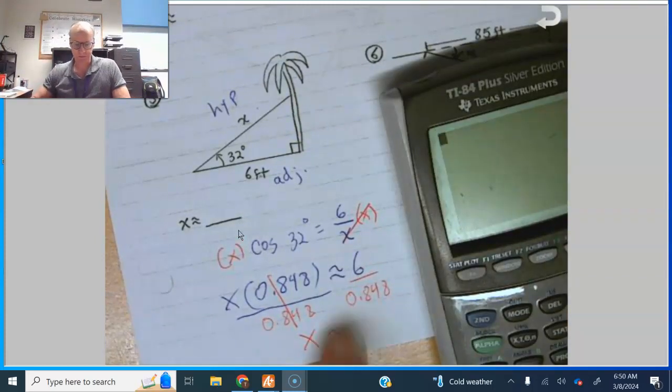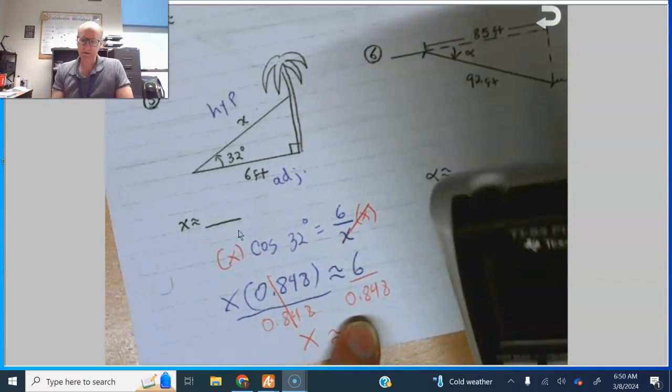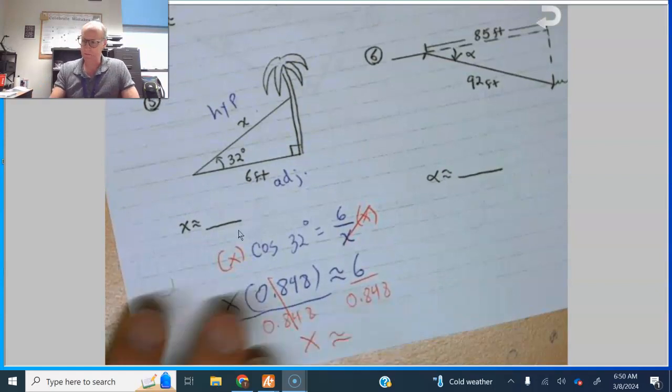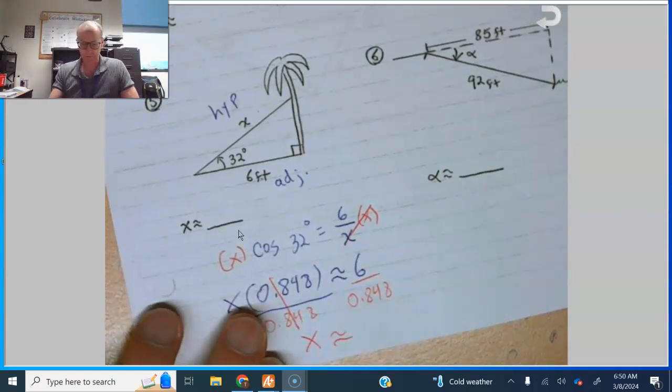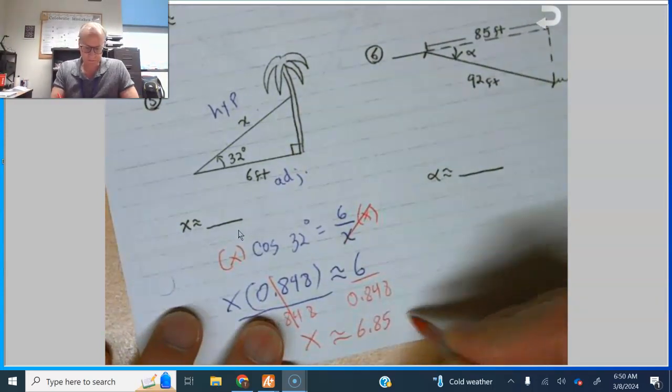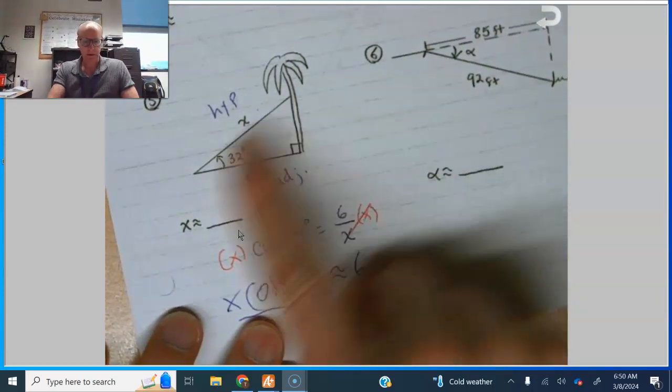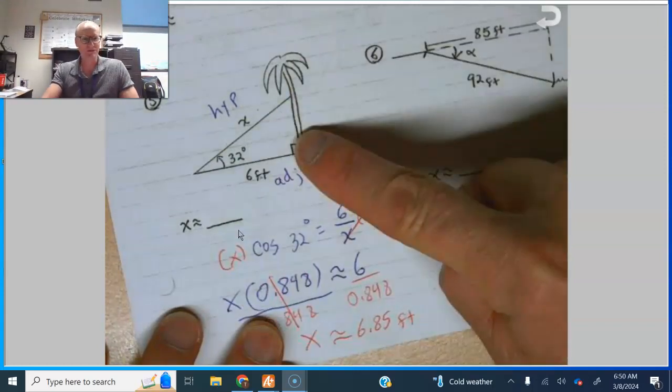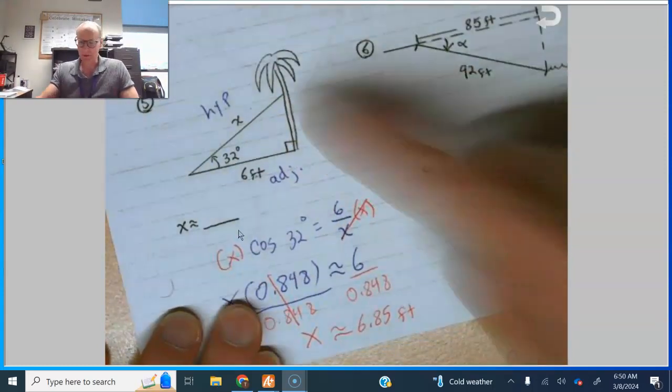And I'll actually do it with the cosine of 32 as well. 0.848. And I'm getting 6.85 feet. That seems reasonable, I suppose. Although it's not going to do much for a 30 or 40 foot palm tree.